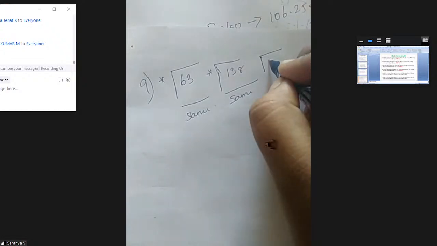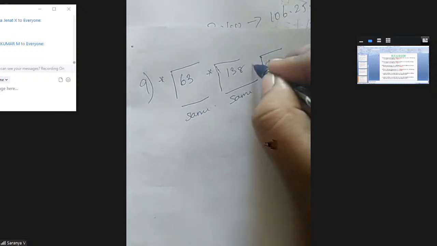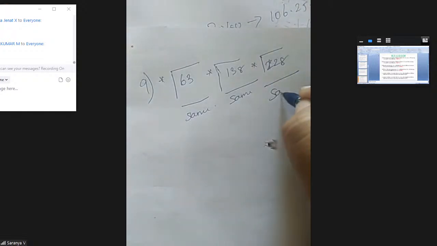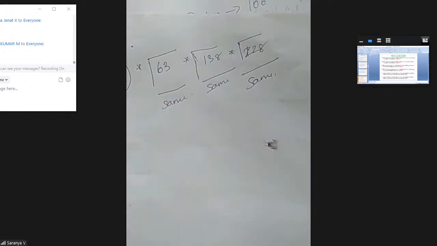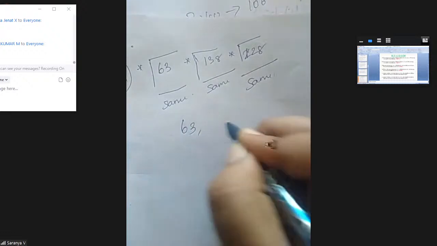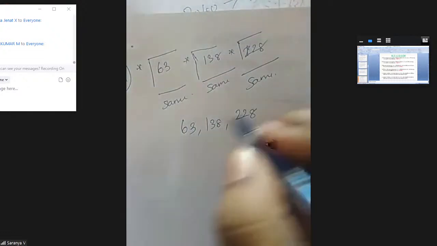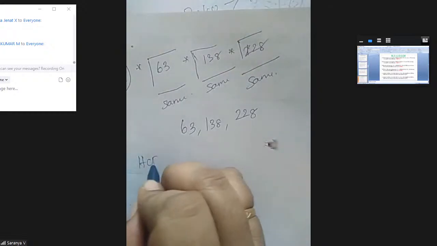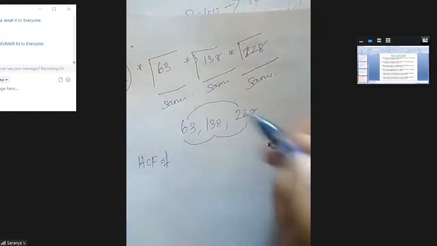And 228, when you divide by some number, you'll get the same remainder. Got it? So here, just write all the numbers 63, 138 and 228. So you have to find the HCF of the combination of the numbers.